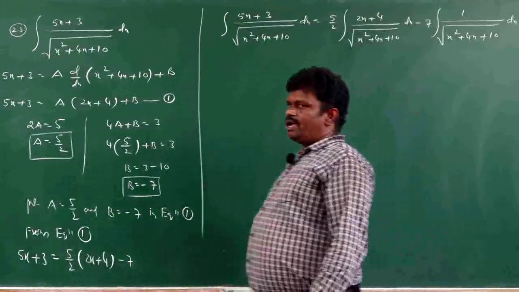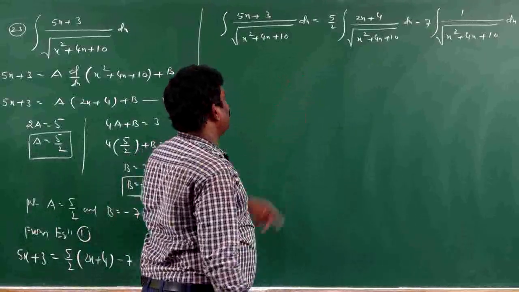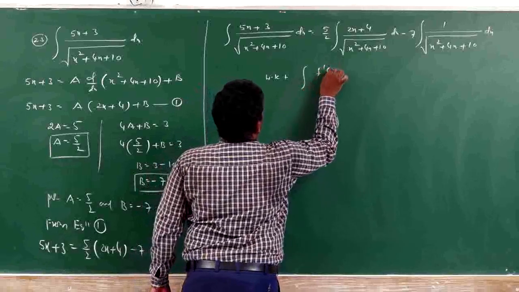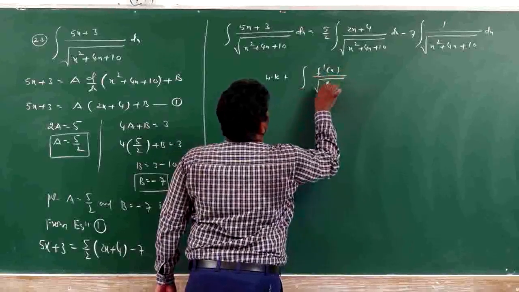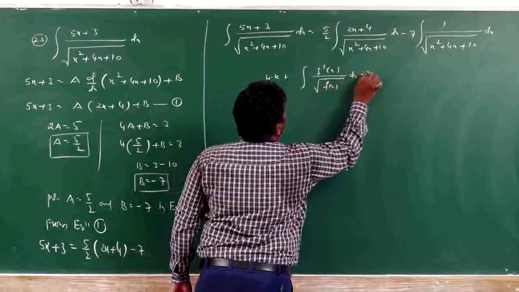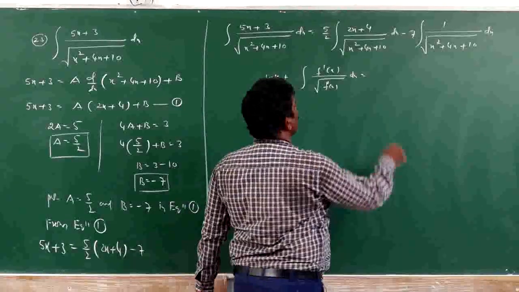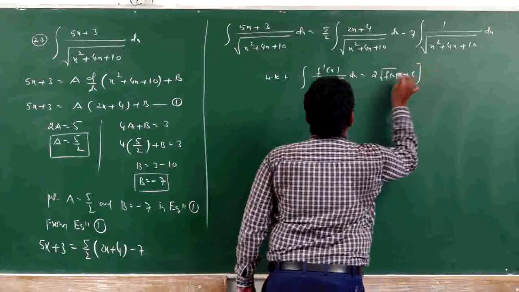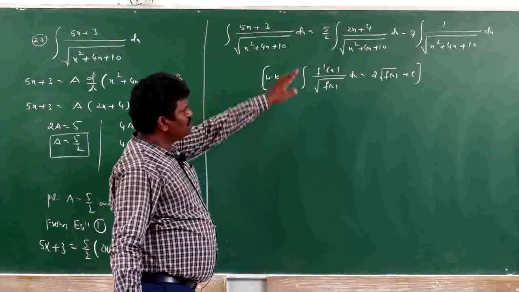Okay? So again we apply the same formula, already explained. Which formula? Integral of f dash of x by root of f of x dx is equal to 2 into root of f of x plus c. Now we substitute this formula.